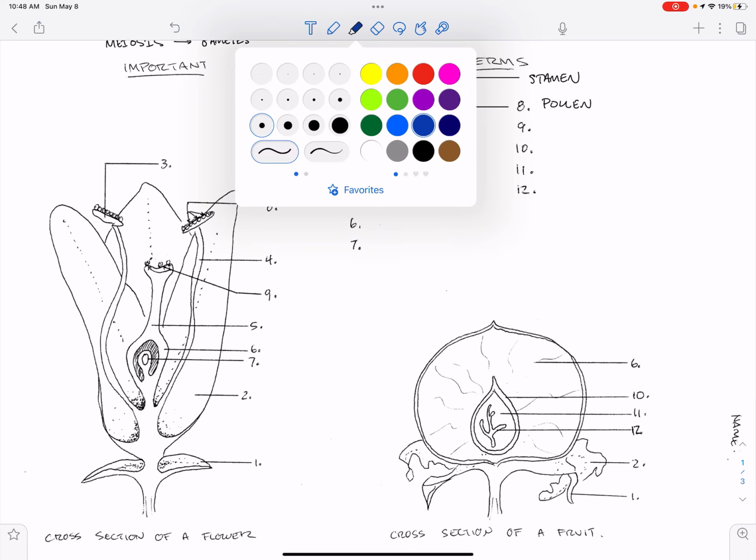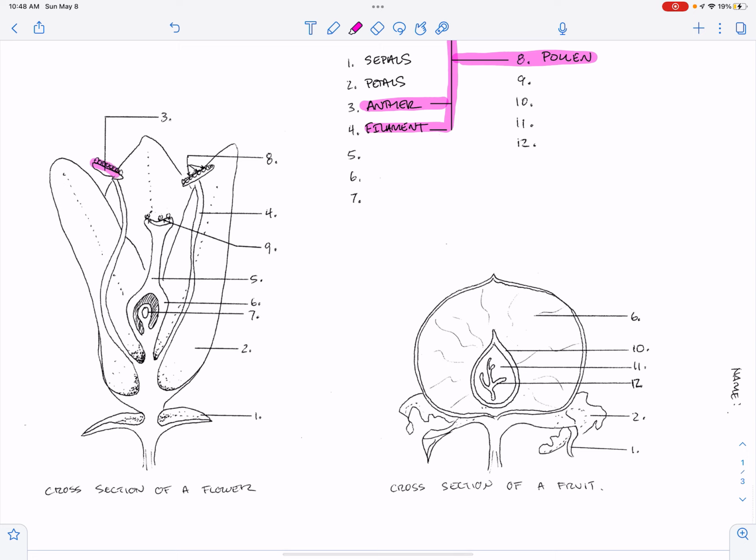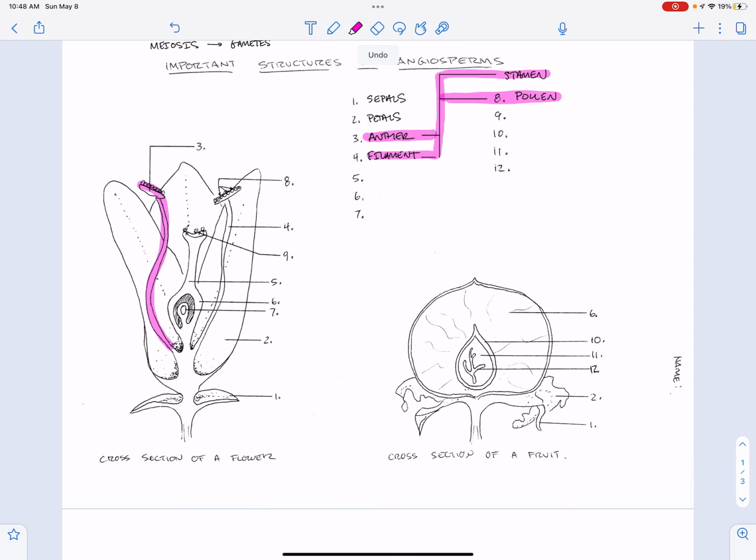And I'm going to put them in pink. Okay, so here we have the male reproductive organ of the flower, the anthers, which produce the pollen and sit on the filament, and they all make up the stamen.